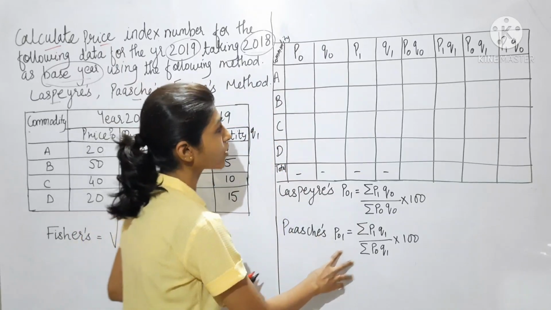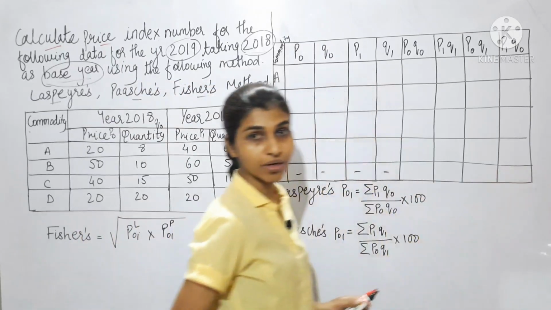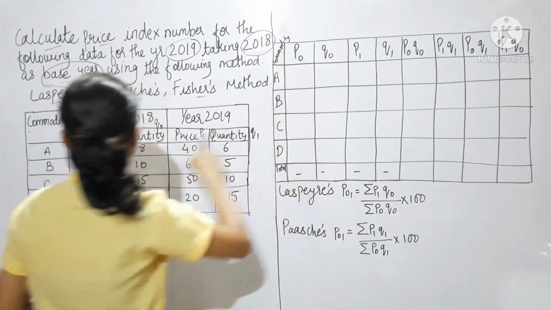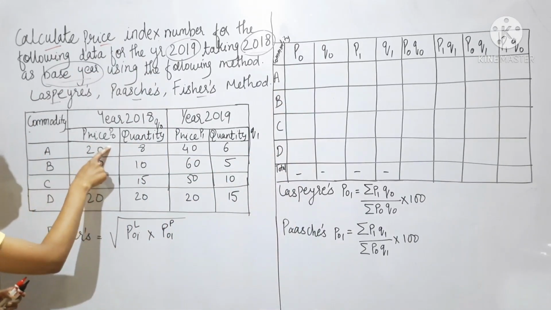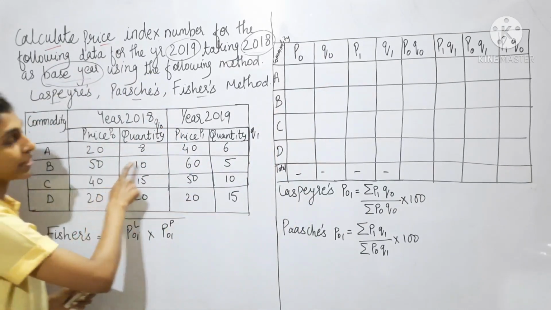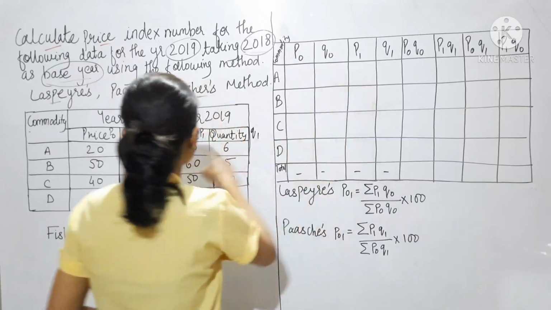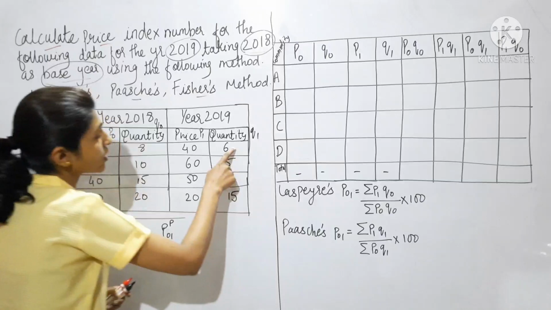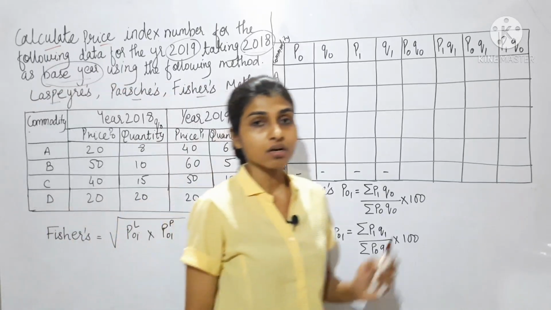As per the formula we are going to prepare the table. Commodities as it is. P0 means prices in 2018, Q0 means quantity of 2018, P1 prices of the current year 2019, Q1 quantity of 2019.